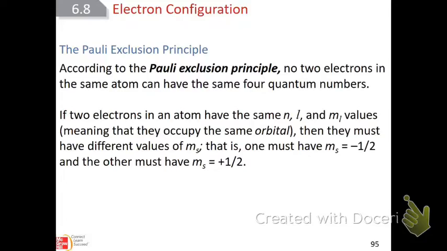And if it has 2 electrons, then their spins must be opposite. So one is going to be spinning clockwise and the other counterclockwise. That way they can stay as far away from each other in that orbital as possible. That's what it's saying.